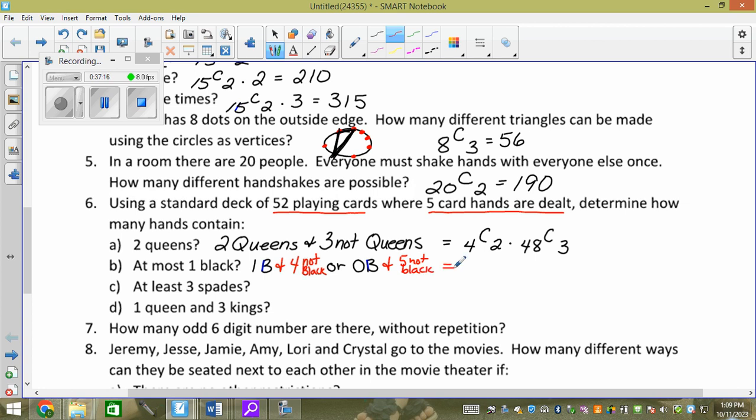So how many black do I have to choose from? 26, half the deck. 26 choose 2. How many not black, sorry? 26 C3. Plus 26 C0. Do I have to show this case where I'm choosing nothing? No. So I can leave this off if I wanted to, or I can keep it, and 26 C5.